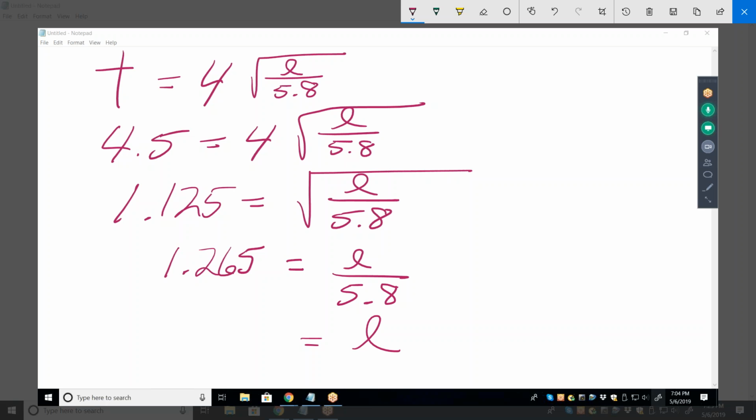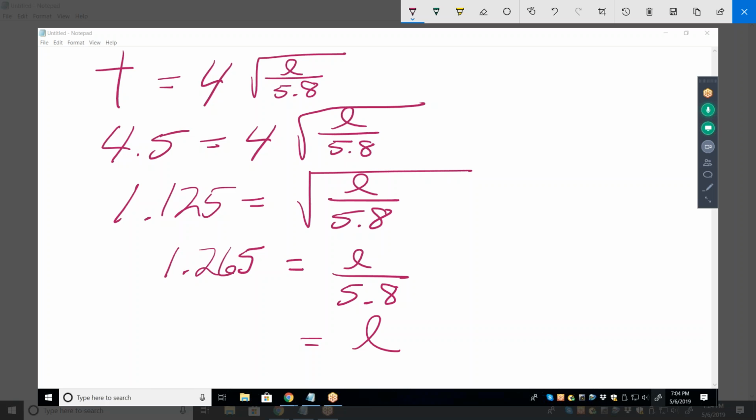Dividing. So you always do the opposite. Multiply. Something's being square rooted, you square it. Something's being squared, you take the square root of it. Something's being added, you subtract. If something's being multiplied, you divide. It's always the opposite.